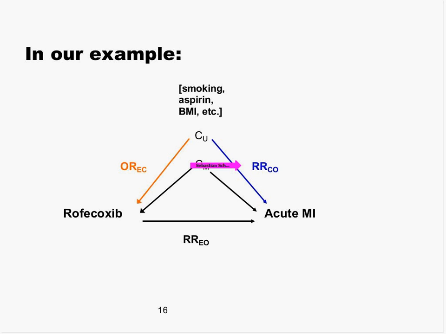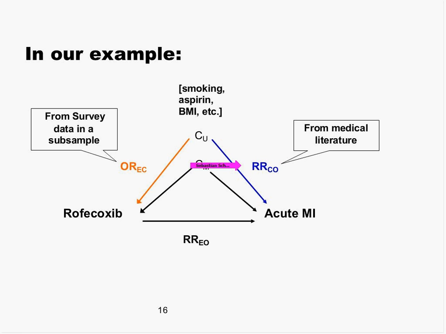Ideally, we get the association between the exposure and the confounder from a survey, and we get the independent strength of the confounder from the medical literature, from meta-analyses, from original studies, from RCTs, whatever you have.